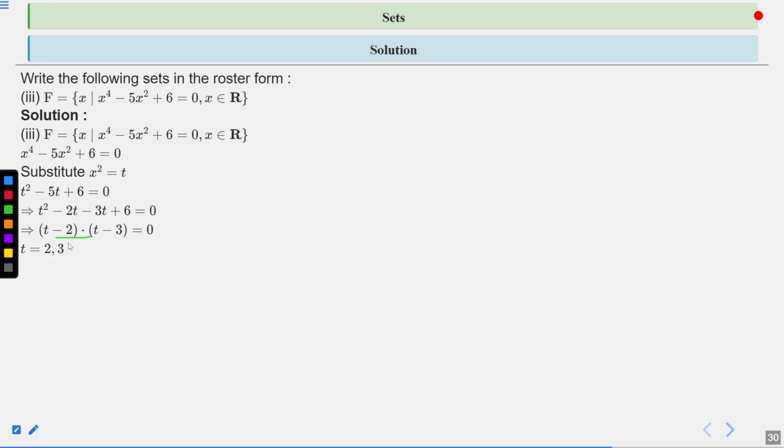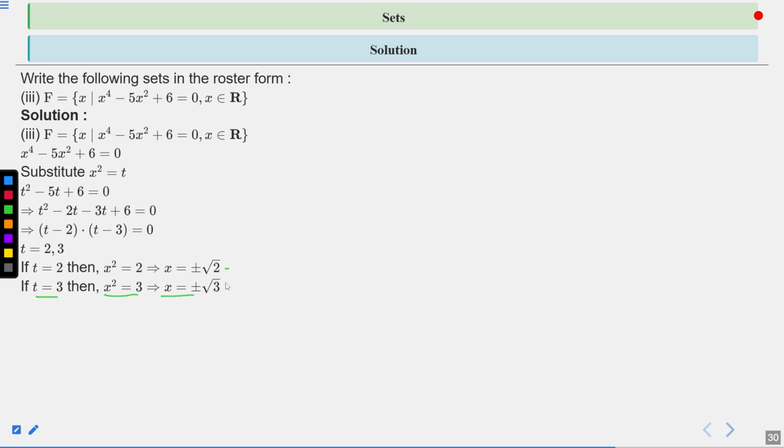From here we can say that 2 and 3 are the only two values for which this quadratic equation is satisfied, and t is nothing but x square. So for t equals 2, meaning x square is 2, we have x equal to plus minus root 2, two values. And for t equals 3, we get x square is 3, so the x value is plus minus root 3.